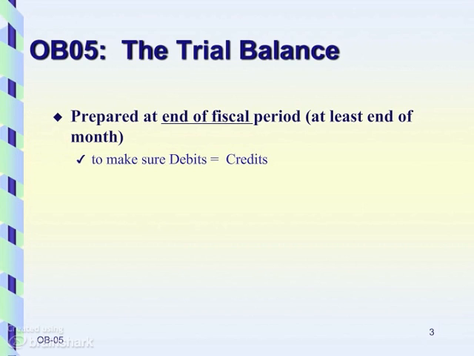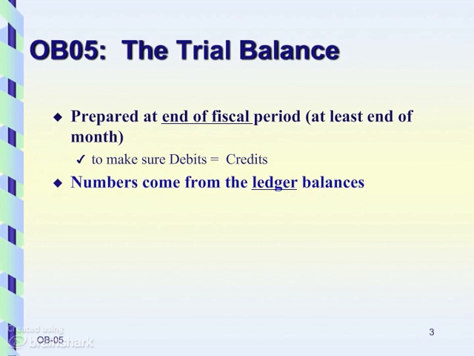The steps in preparing the trial balance include listing all the accounts in the general ledger and their related balances. If you look on page 108 in your textbook, you will see an illustration of the trial balance.